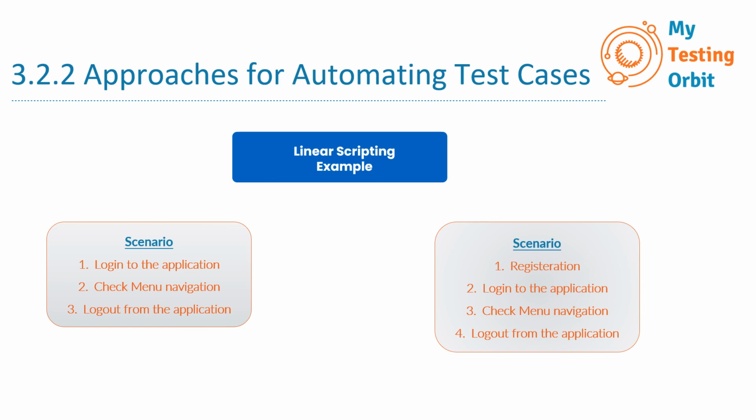That's why it's very important that when we are designing our test automation architecture, we also decide what kind of test automation approach we will use, which one is suitable to our project, and which we can maintain and extend in the long term.